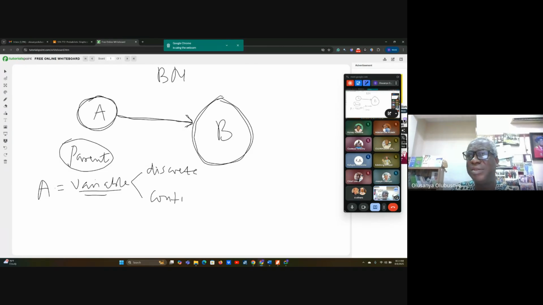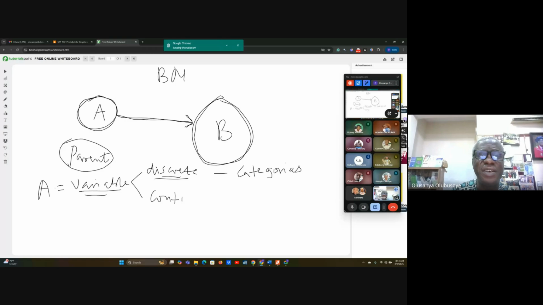That is discrete. It has only two levels. Gender, again, is discrete. It has only two categories. So if the variable is taken in categories, then we say it is discrete.